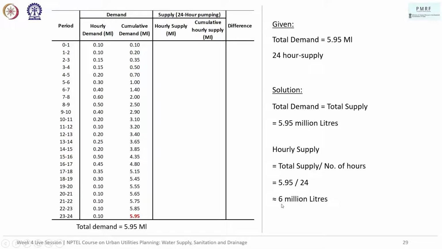So we get approximately 6 million liters. So instead of going to the nitty gritties and taking tiny, minute values, let us go ahead and take it as 6 million liters. It's not going to make much of a difference for us in terms of storage.